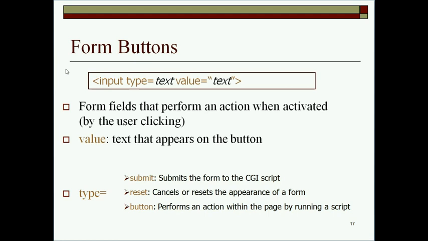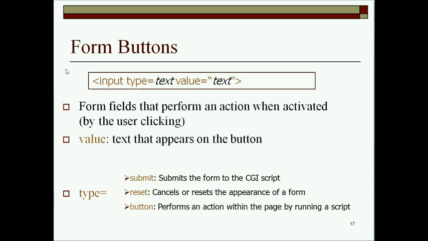The difference with buttons is that they're used as triggers for programming actions, and they're very useful when used along with scripting or programming, as we're going to see later. So these are fields that perform an action when activated or triggered by the user clicking on them. The value is providing text that appears on the button.